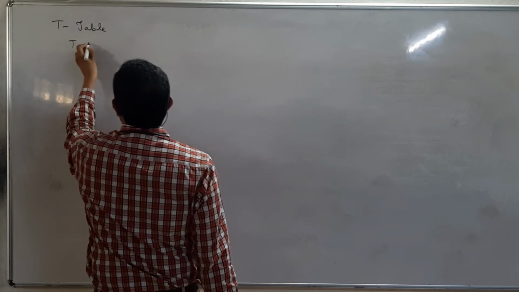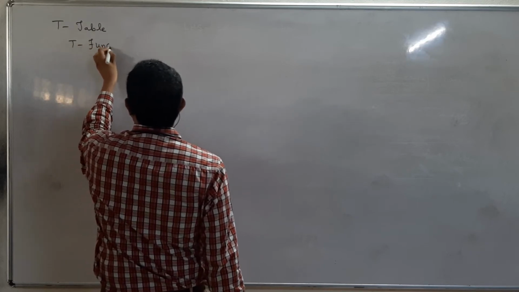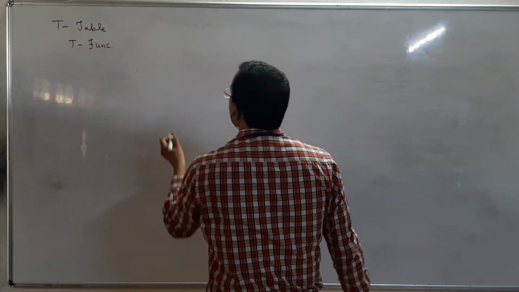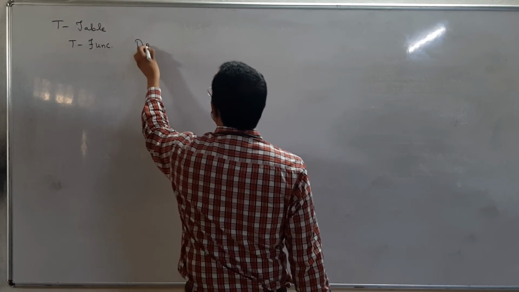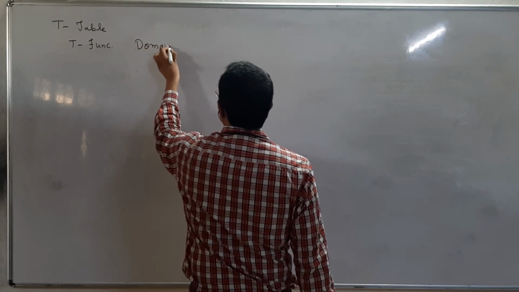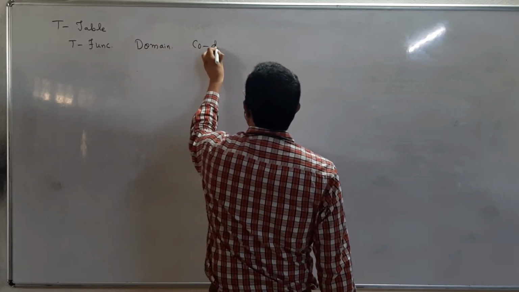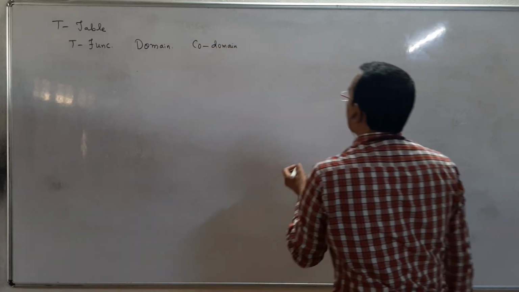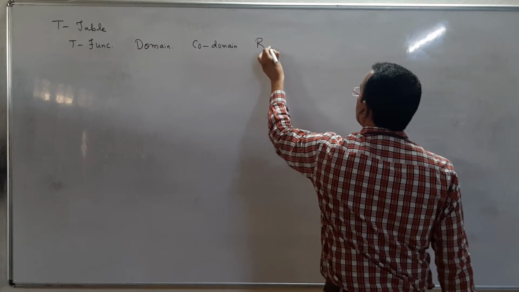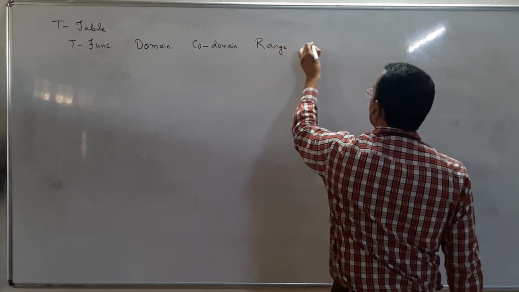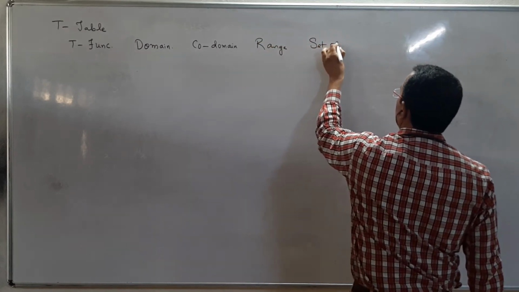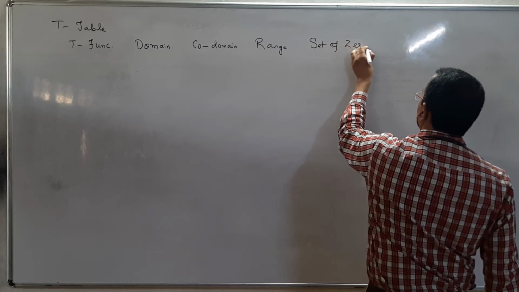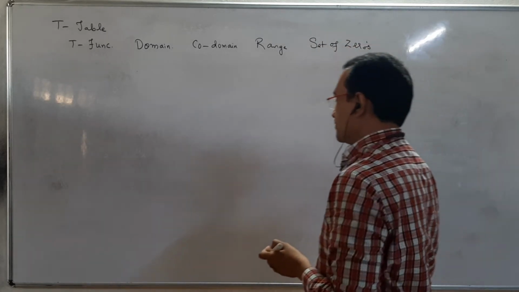The first column in the table is T function. The second column is domain. Third column is codomain. Fourth column is range. And the last column is set of zeros.